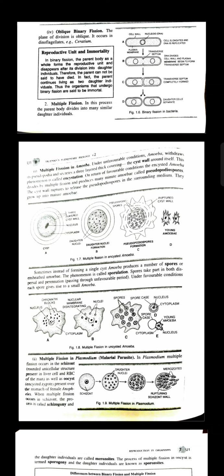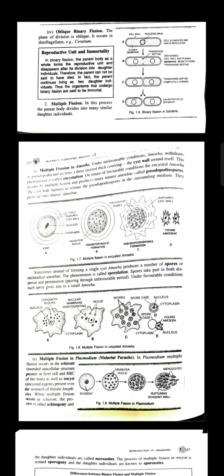On return of favorable conditions, the encysted amoeba divides by multiple fission and produces many minute amoebae called pseudopodiospores. The cyst wall ruptures to release these pseudopodiospores into the surrounding medium and they grow up into mature amoebae.